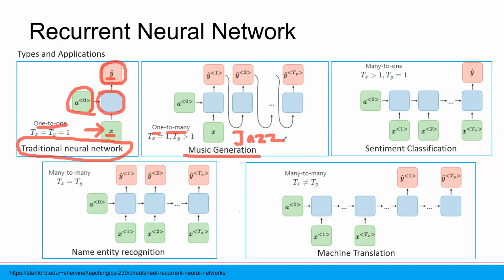If I input jazz music, then I can have some outputs. Maybe jazz type 1, jazz type 2, jazz type 3. Or something like the melody in batch number 1, the melody in batch number 2, the melody in batch number 3.